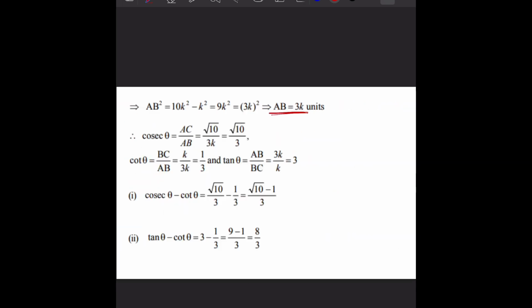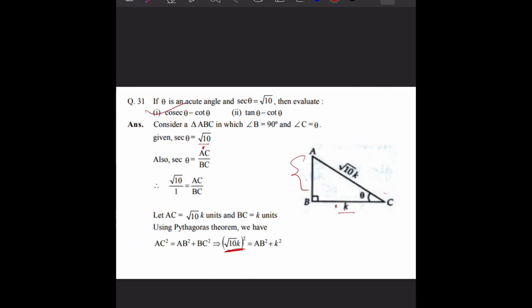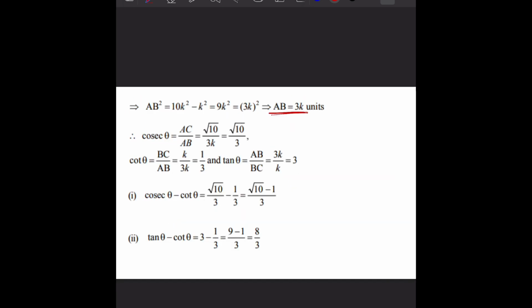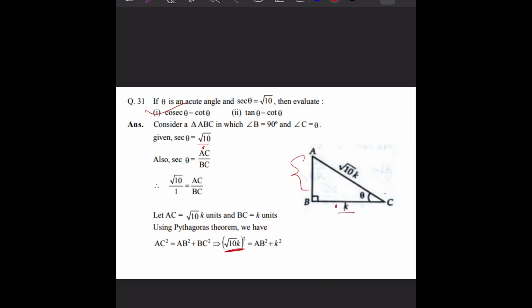What do we need to find out? We need to find out cosec theta minus cot theta. So what is cosec theta? Hypotenuse upon opposite. As AB is 3k, what will be cosec theta? Hypotenuse upon opposite.